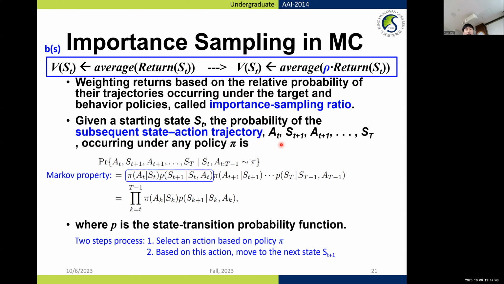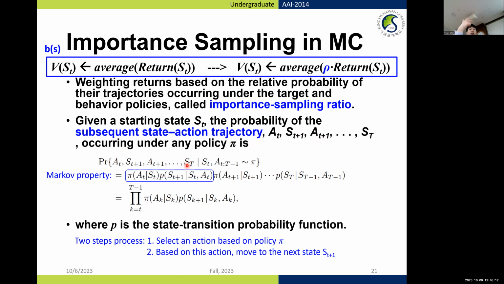Assume that we have a sequence: we select the action At, then we get the next state, we select another action, next state, and here we reach the termination state. So what's the probability of this particular sequence? Based on one policy, you can generate numerous sequences, right?